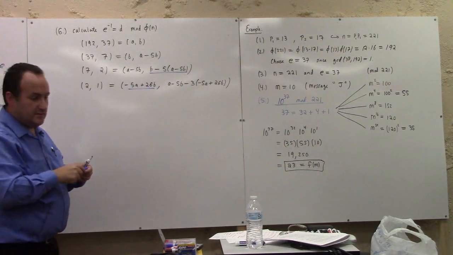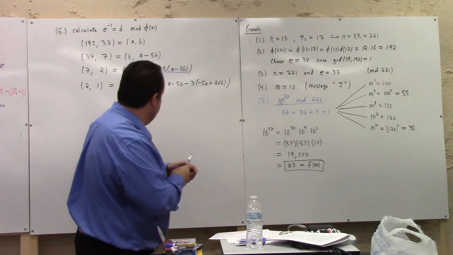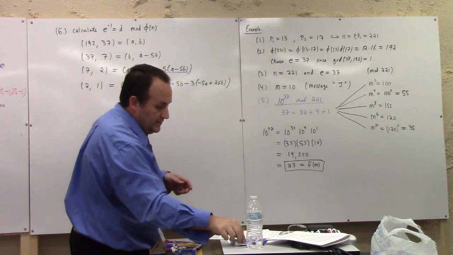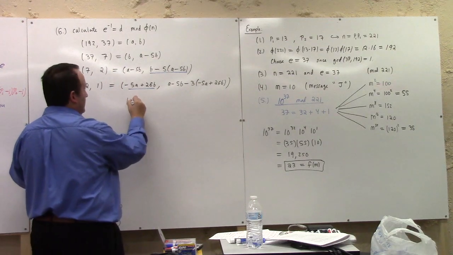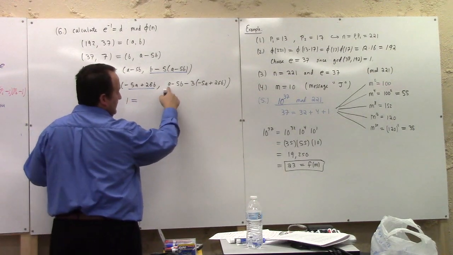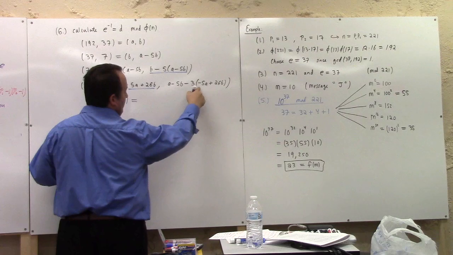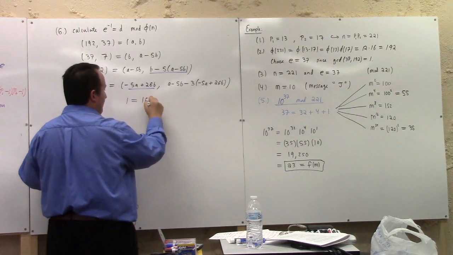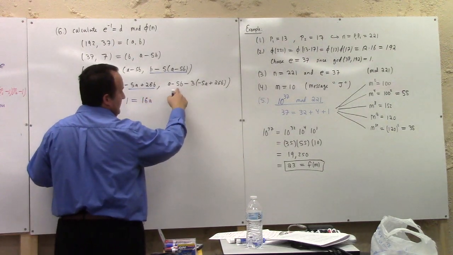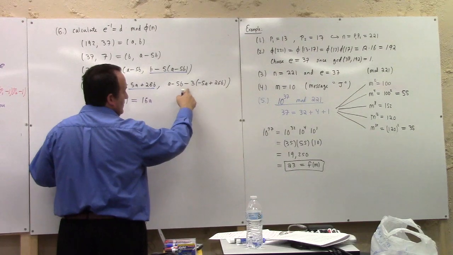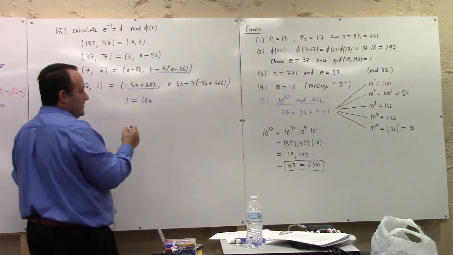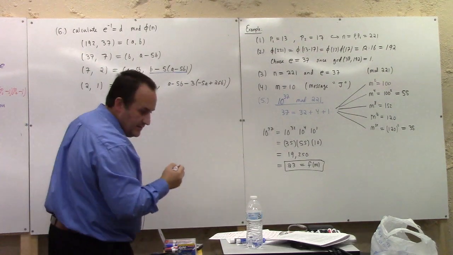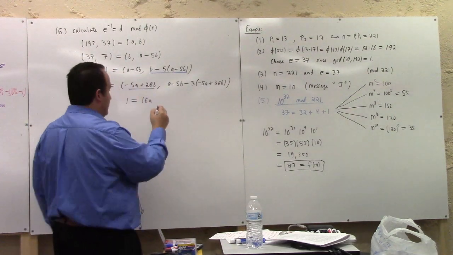And lo and behold, we're at the end of the line here, so to speak. What's this work out to? Well, 1 is equal to how many A's do I have? 15 plus 1, 16A. And how many B's do I got? 26 times 3, 78 plus 5, so 83. Minus 83B.